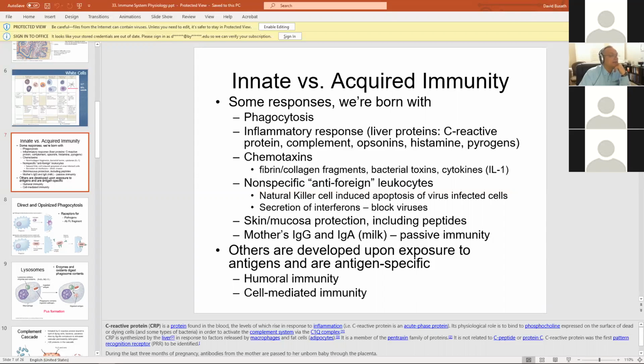Austin, can you tell us? No? Marin, can you tell us? I just put the FC region. Of what? Of the antibody.